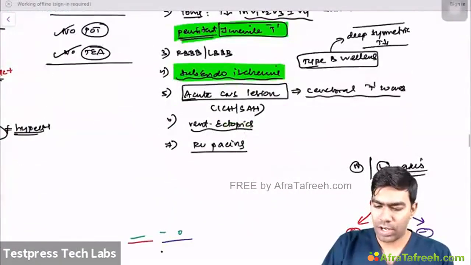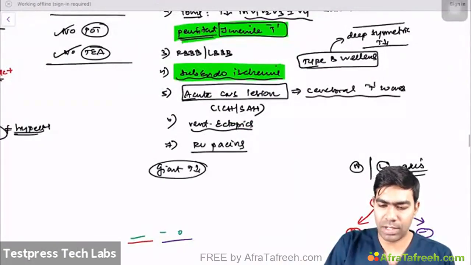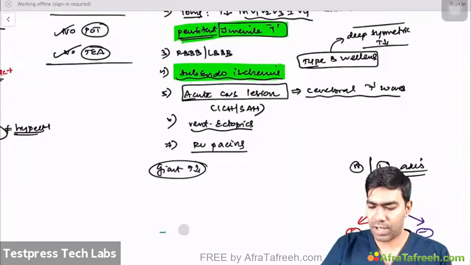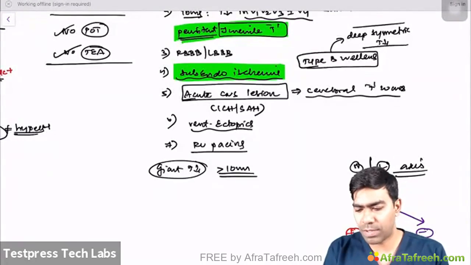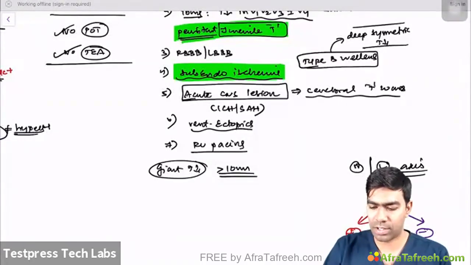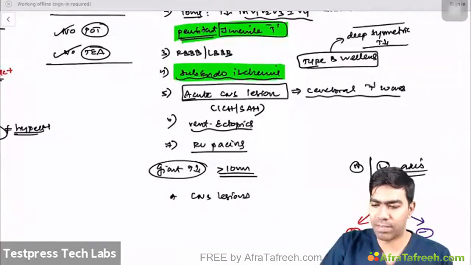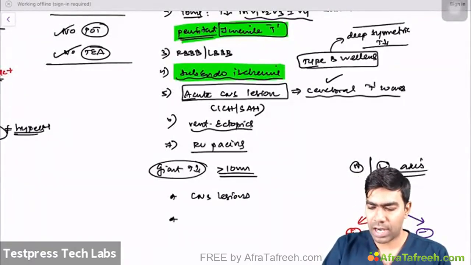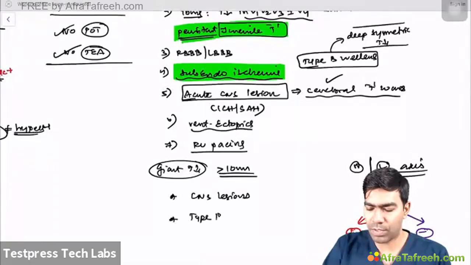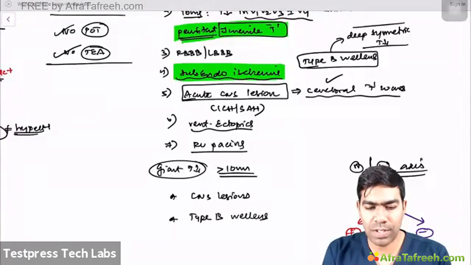Fine. Now, giant T wave inversions. Whenever you have a T wave inversion of more than 10 millimeters, what we refer to as a giant T wave inversion, it usually causes CNS lesions, that is nothing but cerebral T waves, and it can happen in type B Wellens syndrome, which you have discussed already.